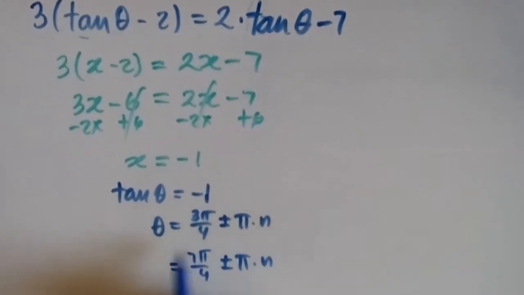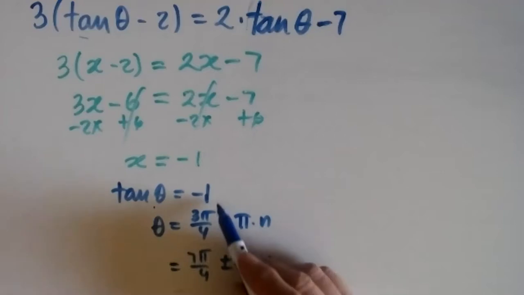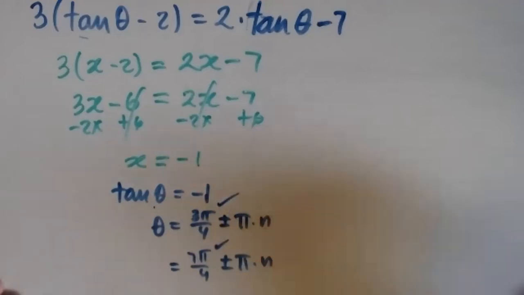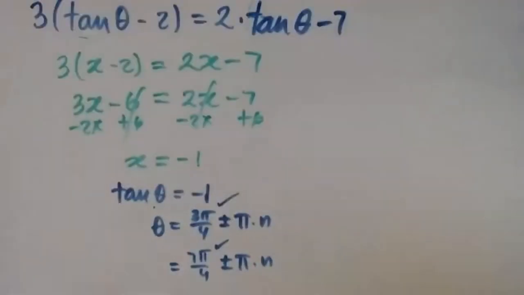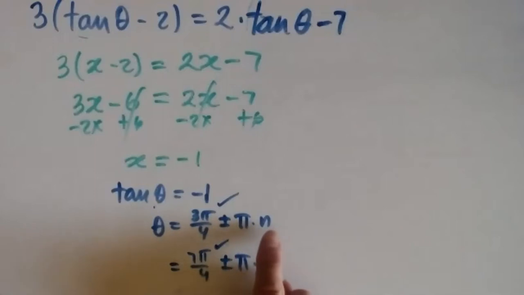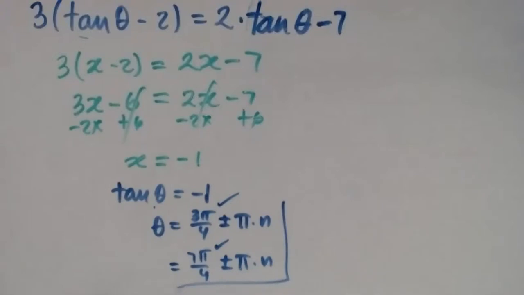Now I go to my unit circle and then I check for what angles tangent is negative 1. When I find the values, I remember that the tangent repeats every pi, not every 2 pi, and then I just put plus minus n pi. N could be 1, 2, 3, 4, 5, any number, integer, same here. So these are going to be my solutions.